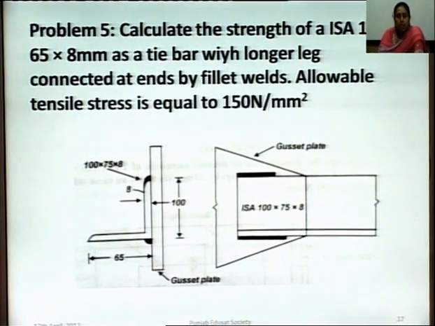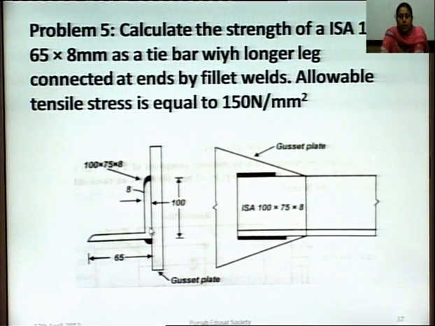Let us take the similar example of single angle. The difference is that when we have the connections by welding, that is we are not using rivet, then you can see the case will be similar, but the difference will lie in the calculation of area of connected leg.